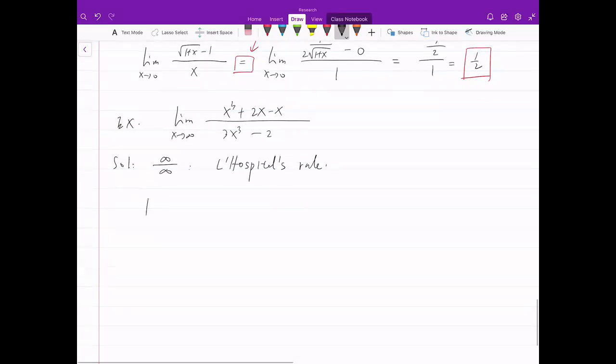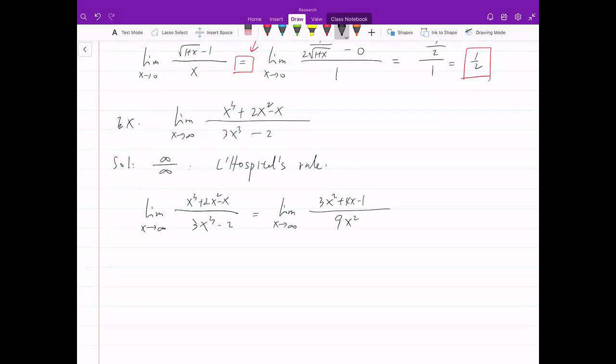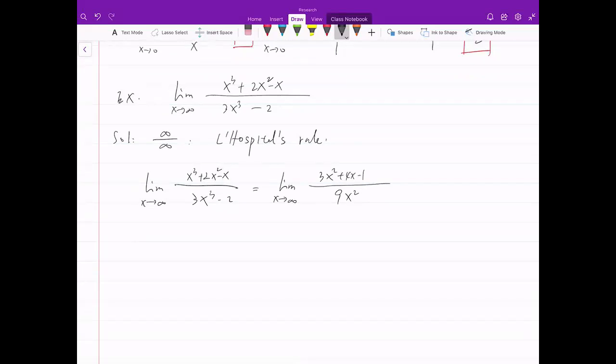Then derivative of the top. Derivative of the bottom. Good so far? Okay.